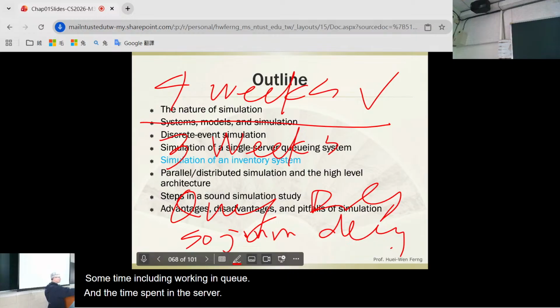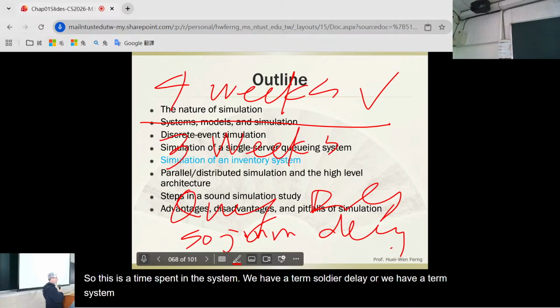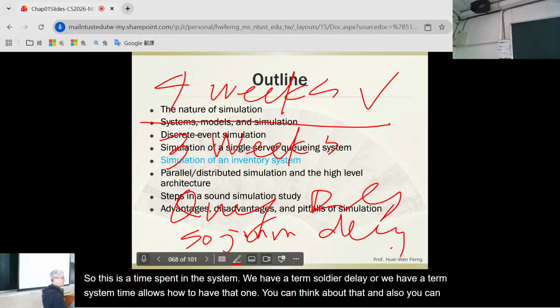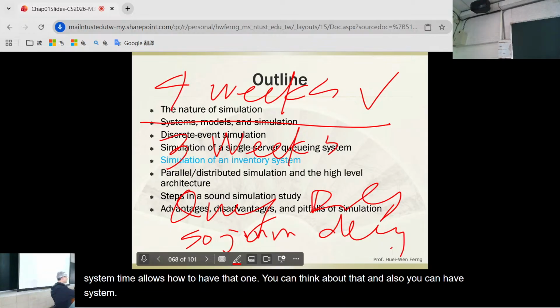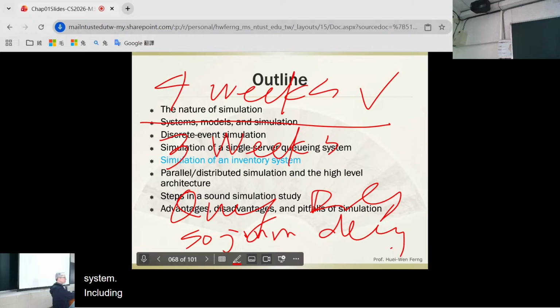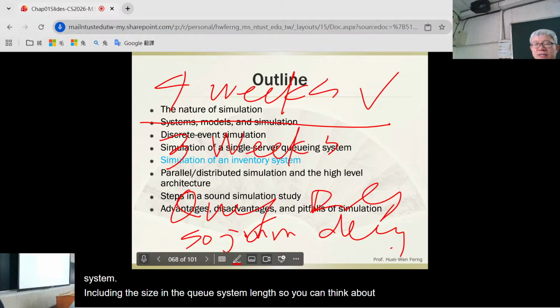So this is the time spent in the system. We have a term, sojourn delay, or we have a term, system time. So how to have that one? You can think about that. And also you can have system length, including the size in the queue. At least you can think about this.